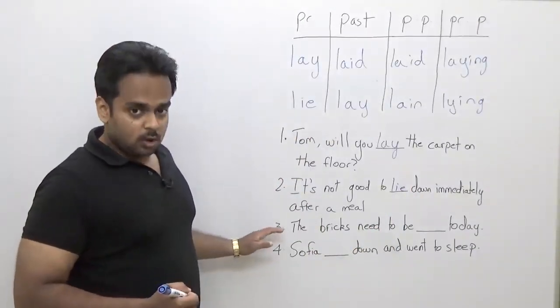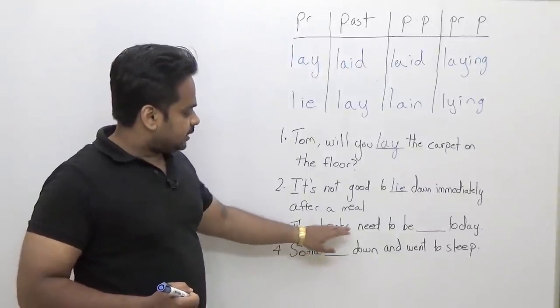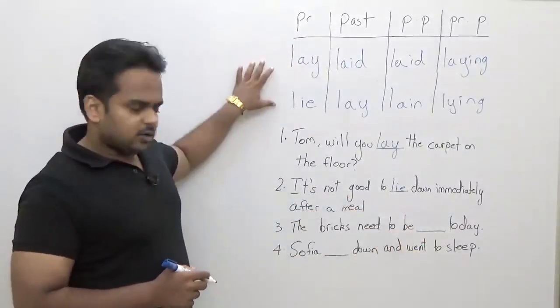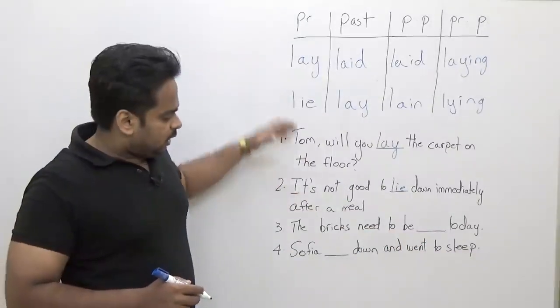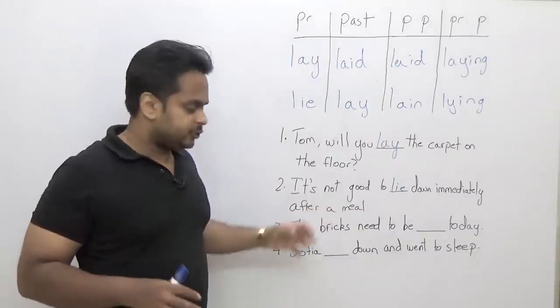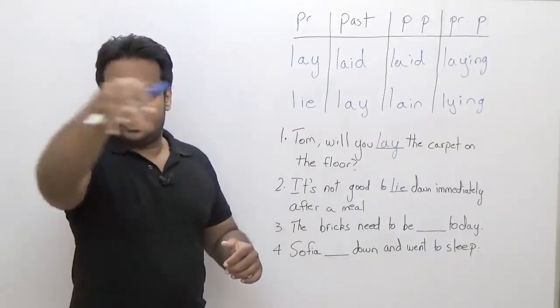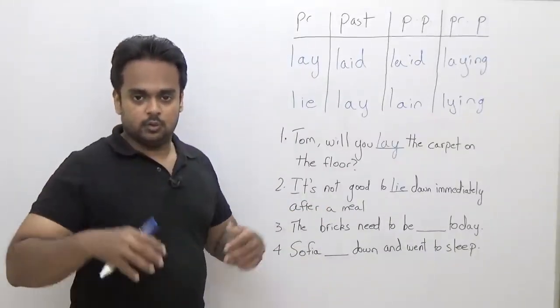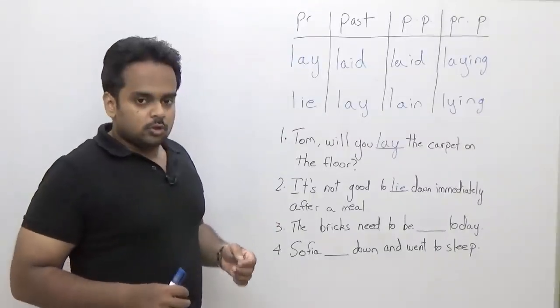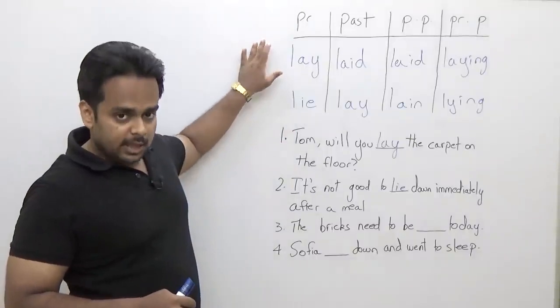But here's a tricky one. The bricks need to be today. What are we talking about here? Well, let's say we're building a new building, and today we need to put the bricks to build. So the word we're looking for is lay.